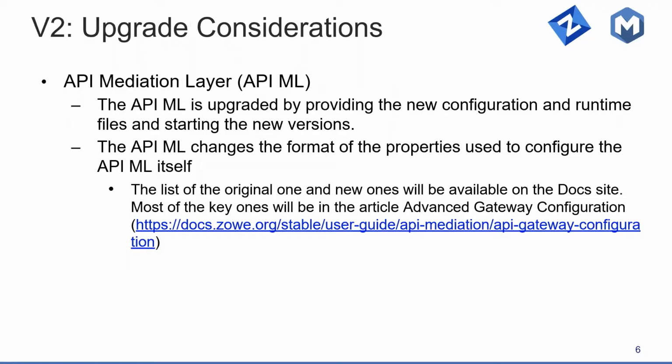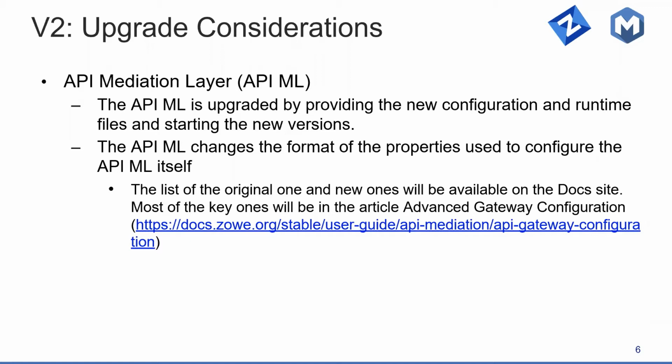As for the upgrade considerations, the usual upgrade process for the API ML is to replace the old versions of API ML with the new ones. The only area where the real upgrade considerations are relevant is the configuration. And for this, there is an important change as the configuration properties are changing across the whole V2.